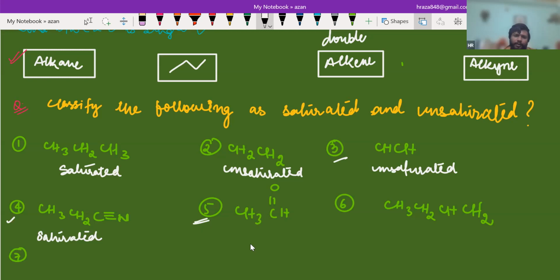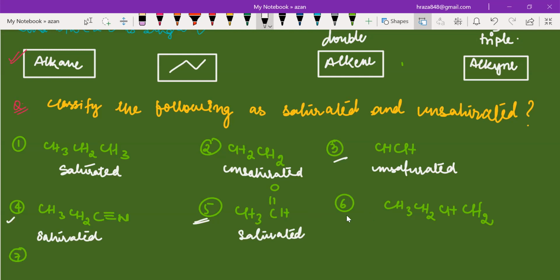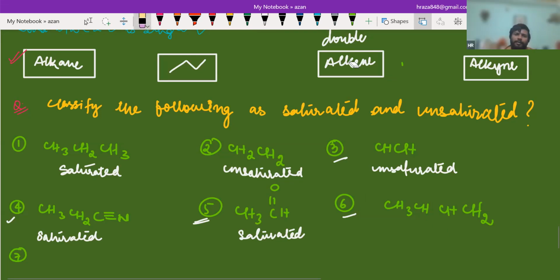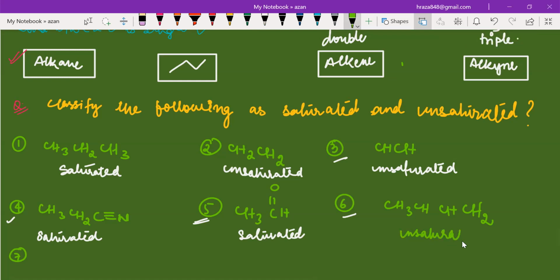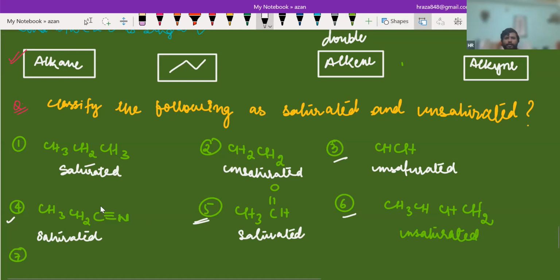Tell me this one. Saturated. What have you written in your notes? Unsaturated. No, sir. Okay. What about the sixth one? Sir, this one unsaturated. Oh, there is something wrong in this. No, it's not, and it's unsaturated. Okay, tell me, is it alkane, alkene, alkyne?